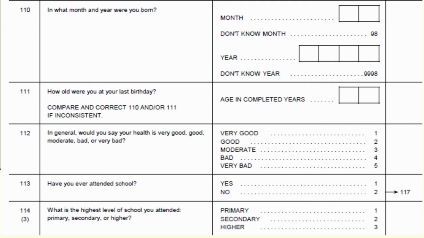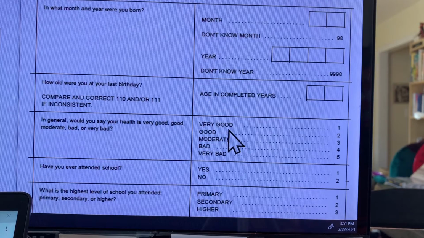All right. Other types of questions, like this one. In general, would you say your health is very good, moderate, bad, or very bad? And here you have a chance to answer. Now look at it here. Of course, there's no other instruction, but here the question is 1, 2, 3, 4, 5.